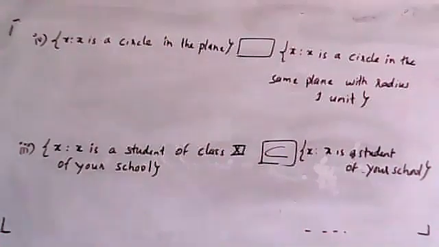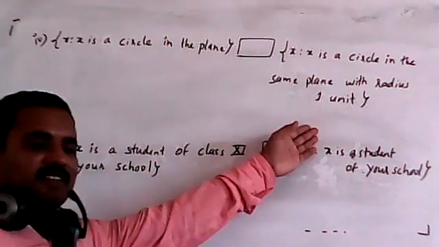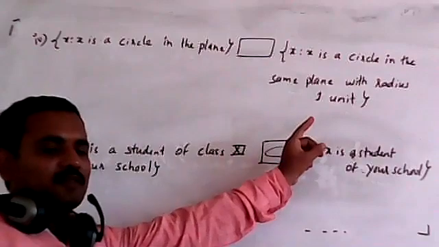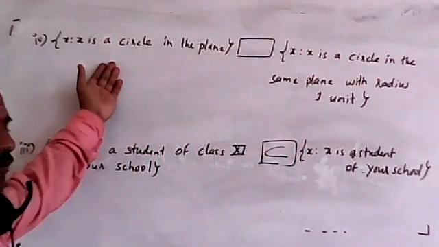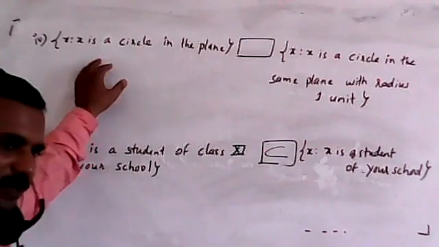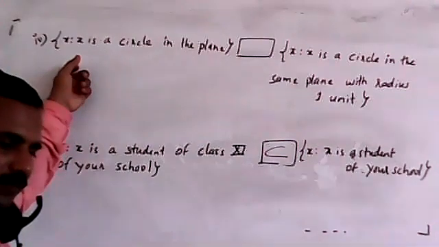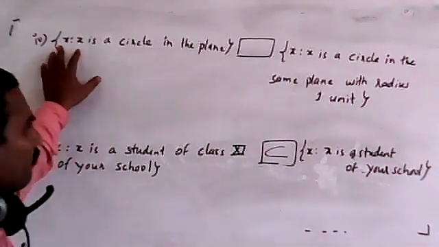Now see, not a subset. The reason is that this set has only circles with radius 1 unit. But here they have given a circle that may have any radius. We don't know which size of circle. It is all types of circles. It could be 1 unit radius, 2 unit radius, many.